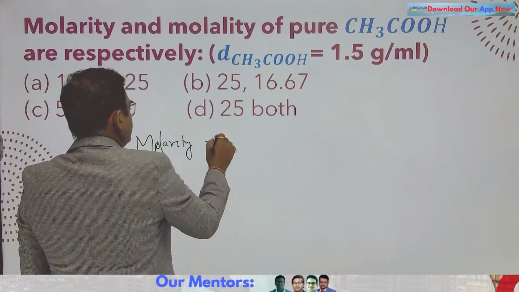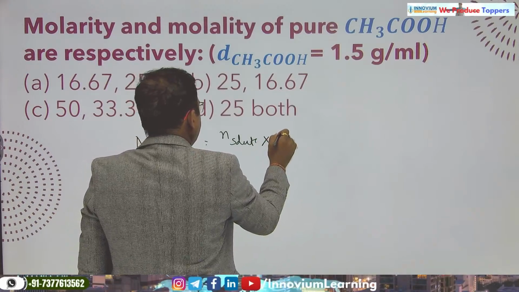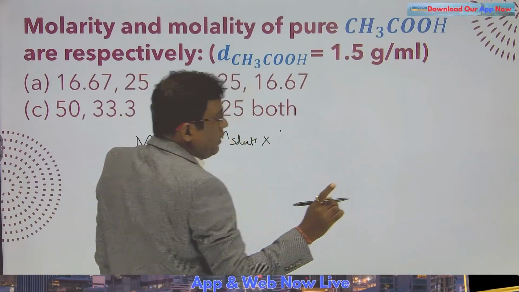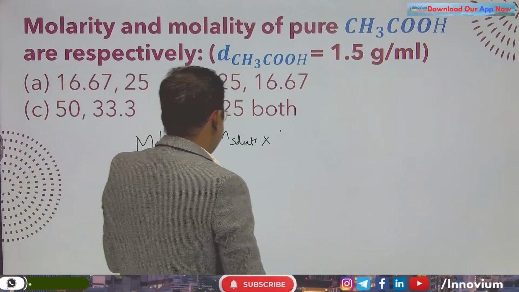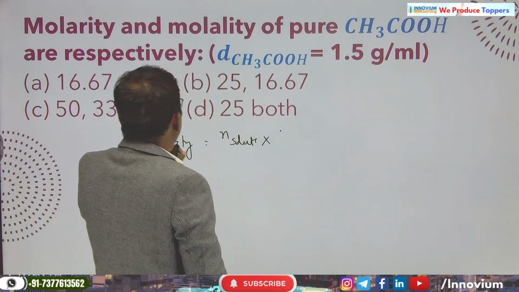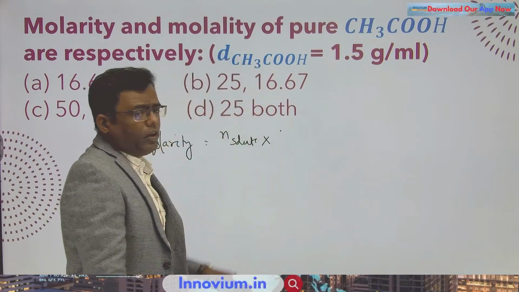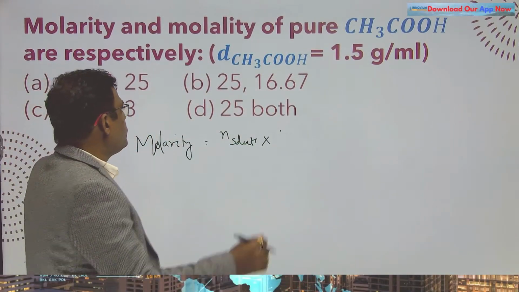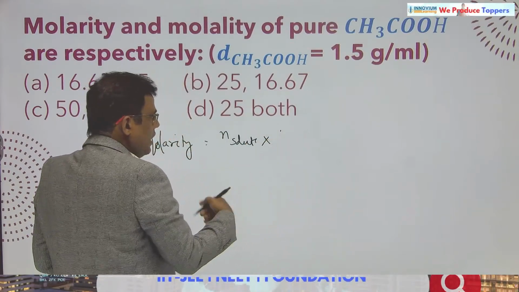Now you see here, number of moles of solute present in 1000 ml, or you can say 1 liter of solution. Correct? Now the question is, what is the role of density? So that you can get from this expression which I am going to explain.